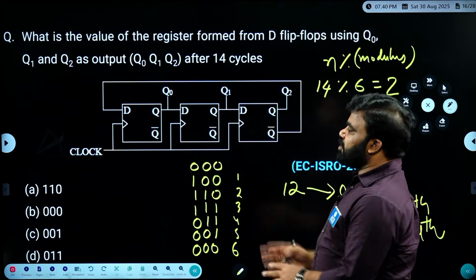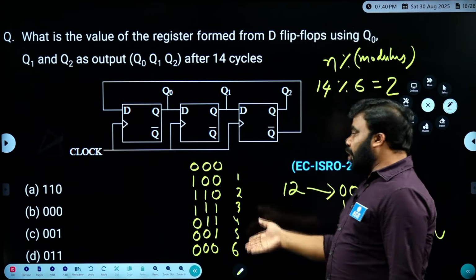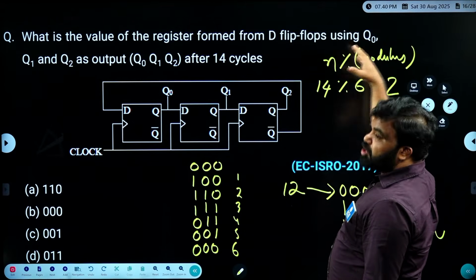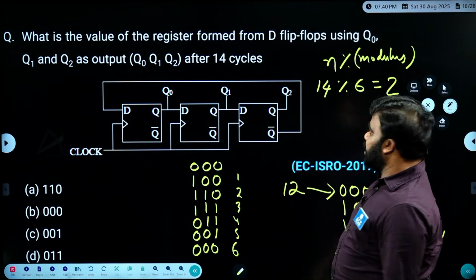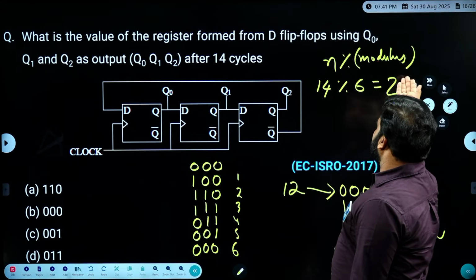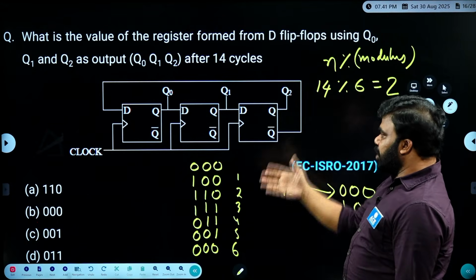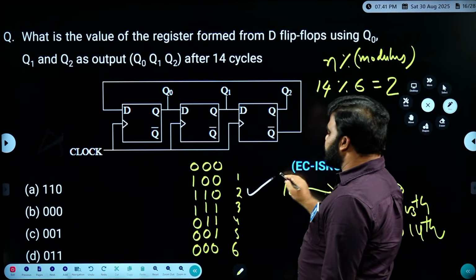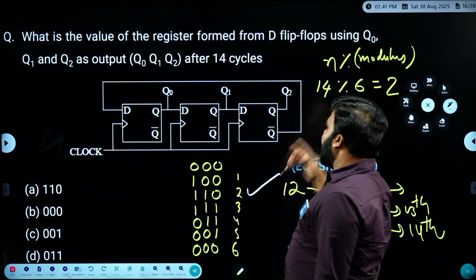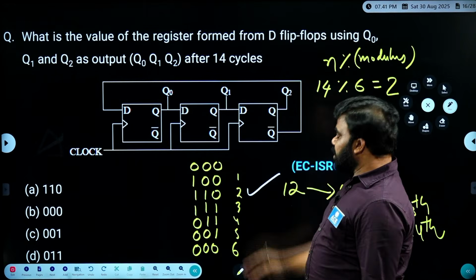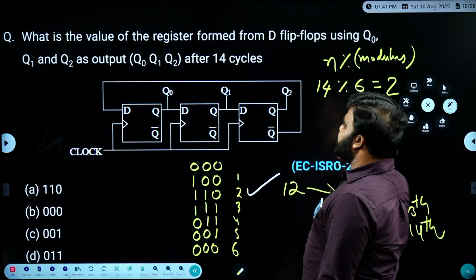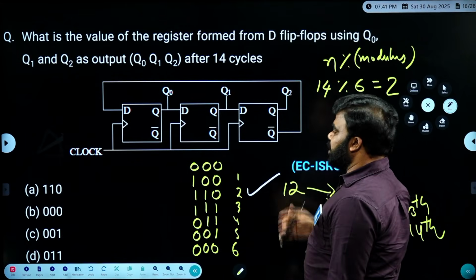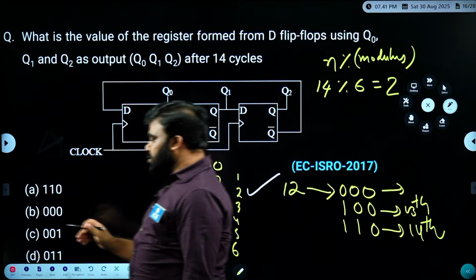Another way of analyzing this: the number of clock cycles must be divided by the modulus of the counter, and we get the remainder. The remainder number of clock cycles you need to count. From 0, 0, 0, counting 2 clock cycles, it is going to be 1, 1, 0. Another way to answer this question is counting all the clock cycles; the second method is counting only the modulus number of clock cycles. The answer is 1, 1, 0.